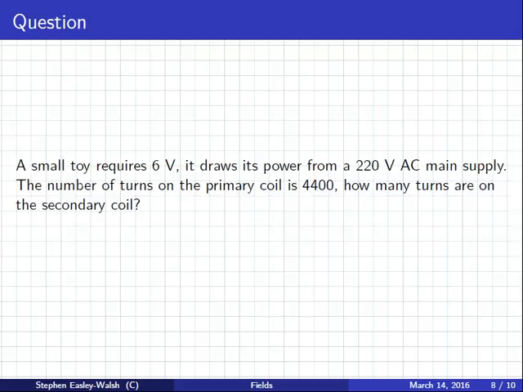Are you doing this one? Try it. What's V1? V1 is 220. V2 is 6. N1 is 4,400. And N2 is what I want.